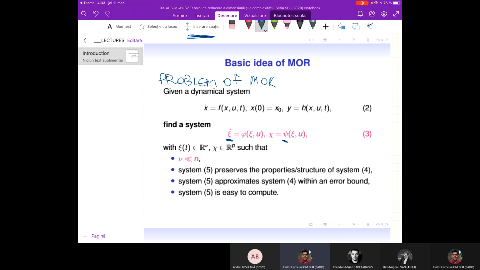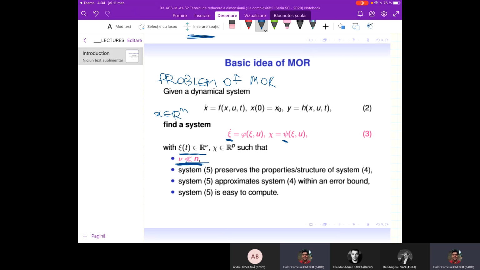Now look, x here is in R^n. And here you need to design a new system of the same type with this state, psi, a time function, in R^ν, such that the first condition is that the dimension of the new model, ν, is much lower than n, the dimension of the given system, the original dimension.